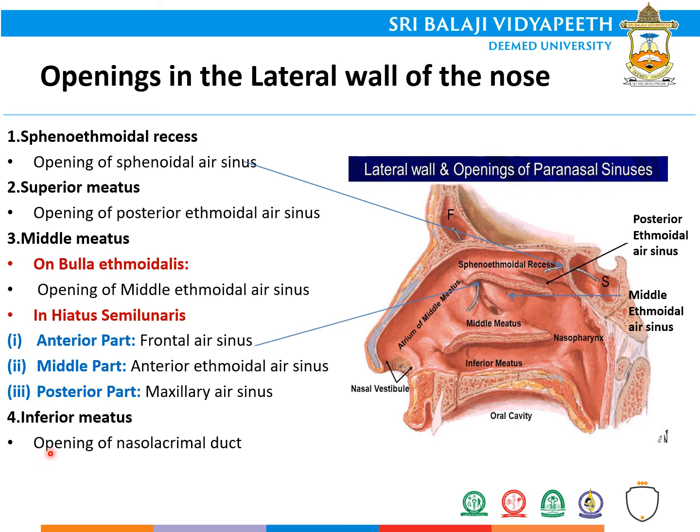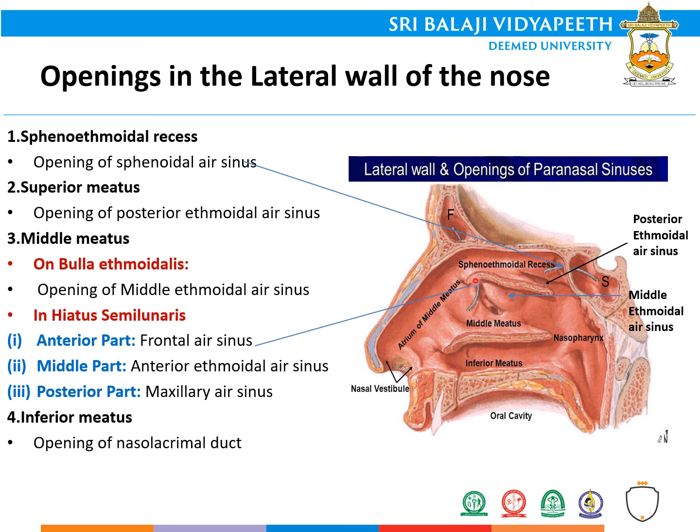Now this is the frontal air sinus. You can see the frontal air sinus coming and opening into the anterior part of the hiatus semilunaris. And just to remind you once again, the anterior part of the hiatus semilunaris is expanded to form the infundibulum.